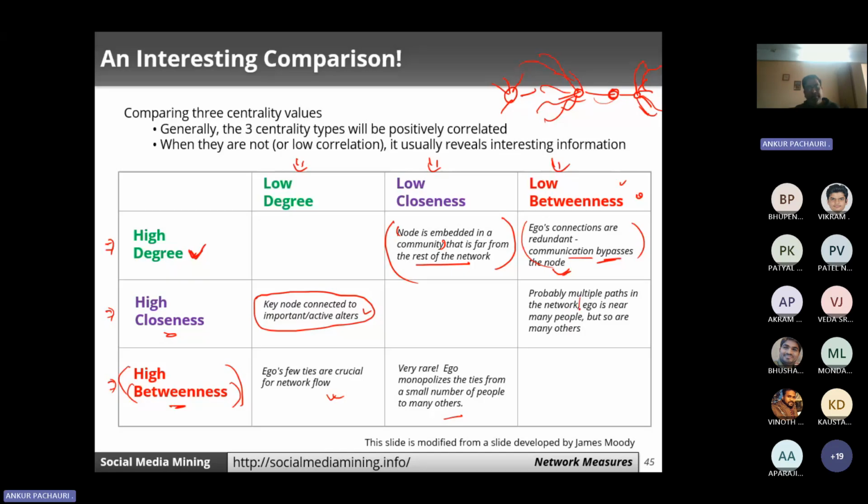There are multiple other options available, and the others choose to use those paths. So ego is near many people, but so are many others. The other persons often choose to ignore or bypass you, finding an alternate way to get the work done in terms of connectivity.